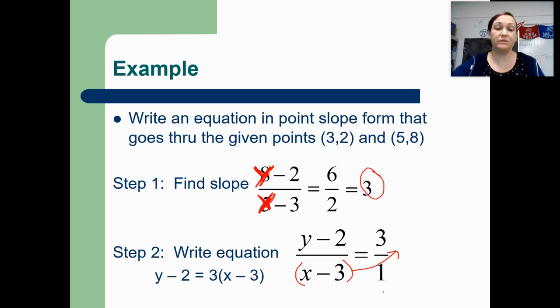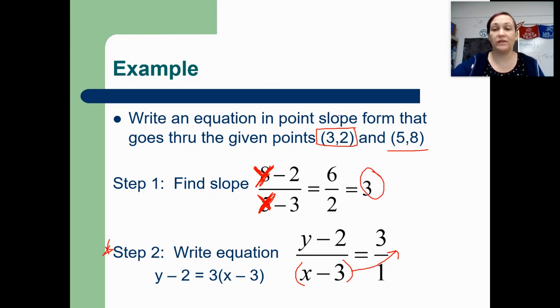Now, in these problems, there is a possibility to get 2 different answers, depending on which ordered pair you use for step 2. So I chose to use this ordered pair for step 2, and that's why I got this answer. An equivalent answer, the same answer for the same line, we could have gotten using this ordered pair.